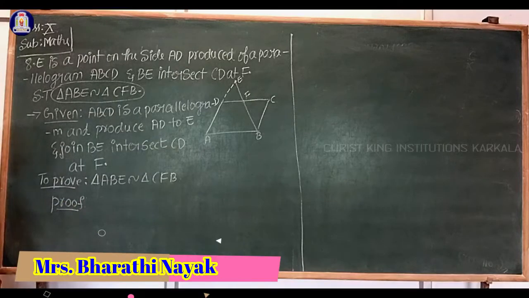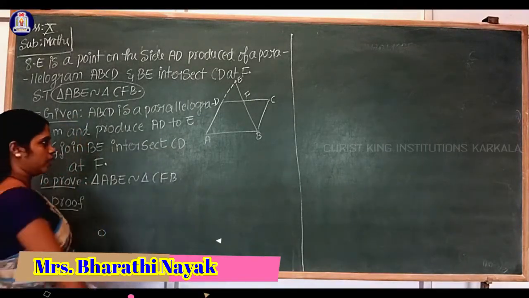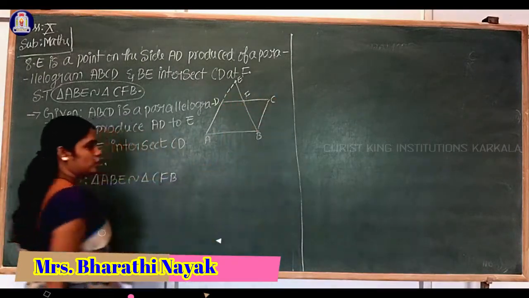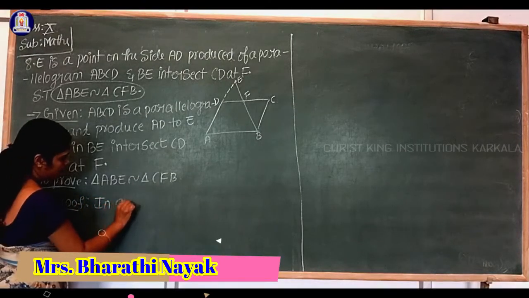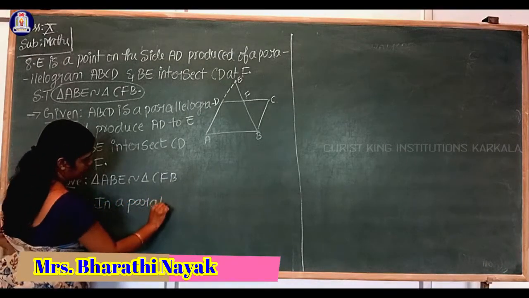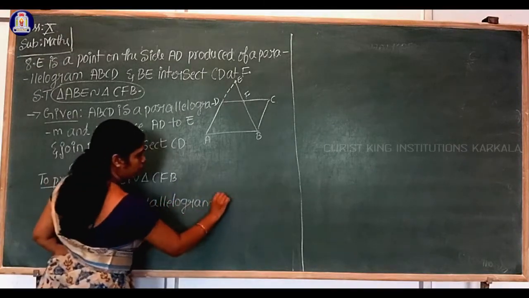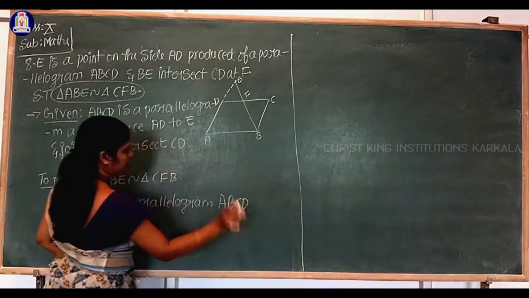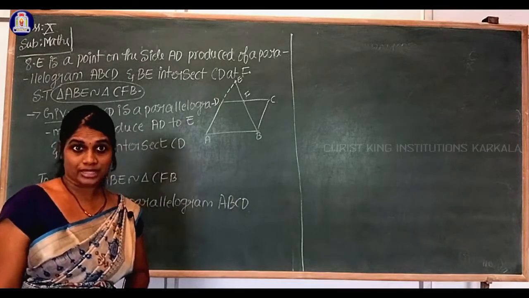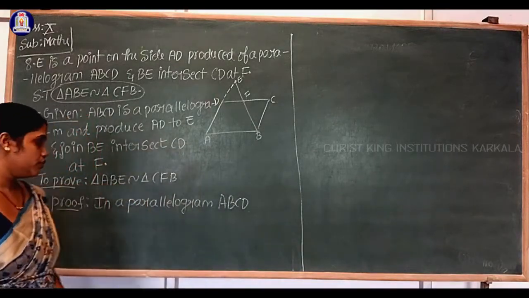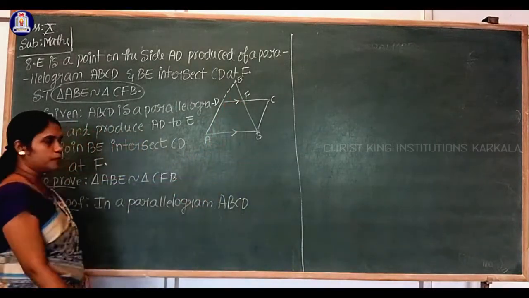Given ABCD is a parallelogram, isn't it? So first I'll take that concept here. In a parallelogram ABCD, we know that opposite sides are equal as well as parallel.